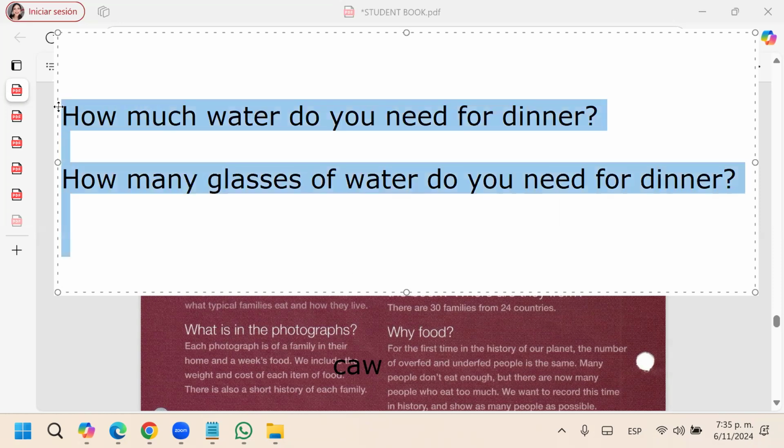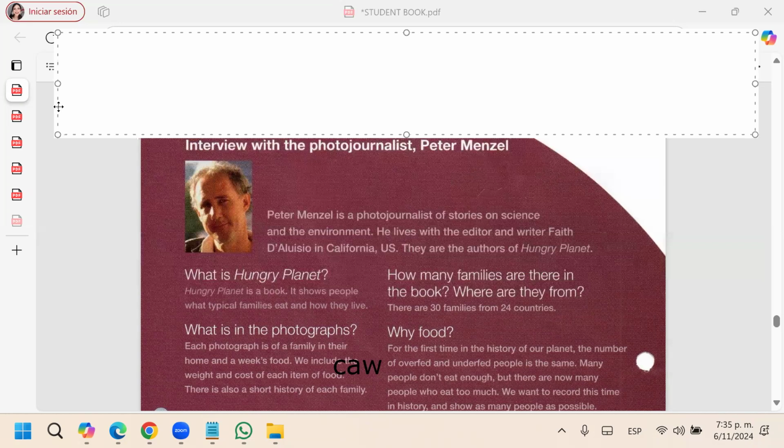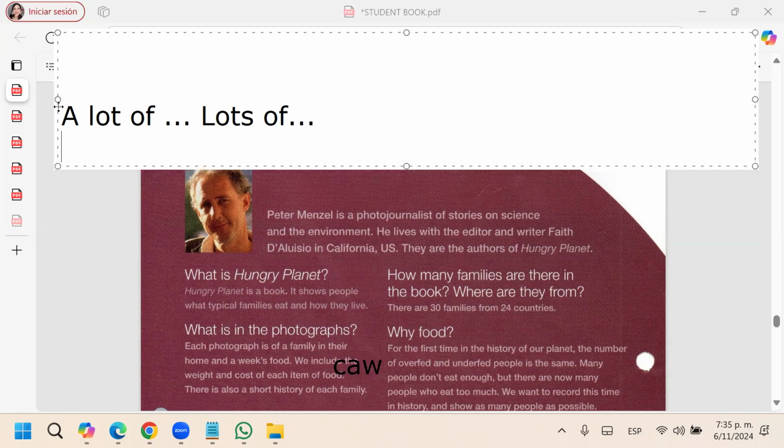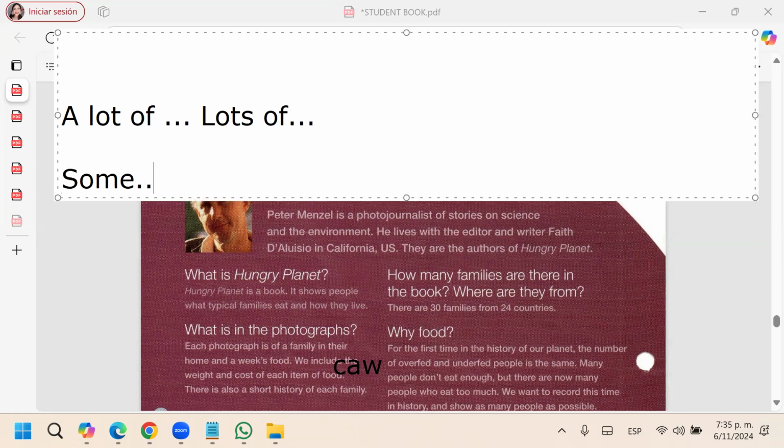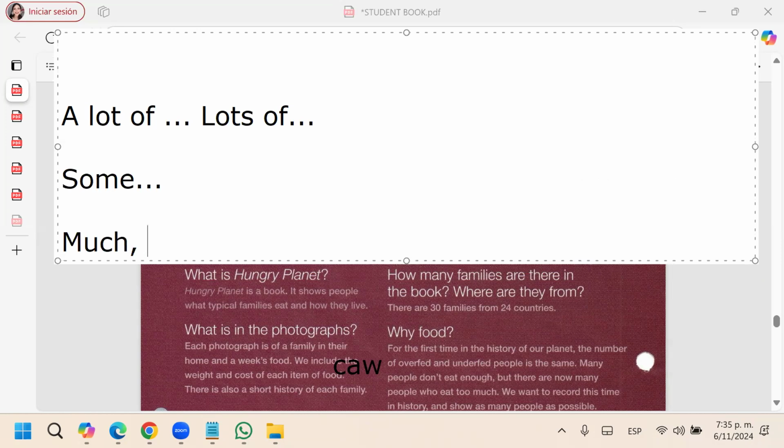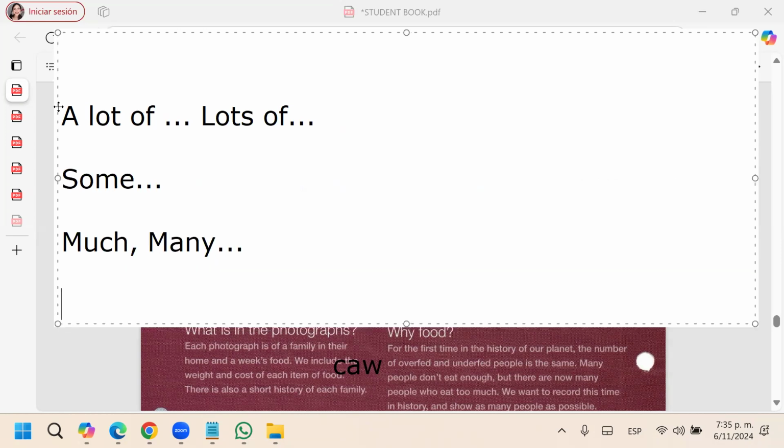When we have these sentences about the food, we can say a lot of, lots of, some, much, many. We can also say a few. We can also say a little, like this, a few, a little.